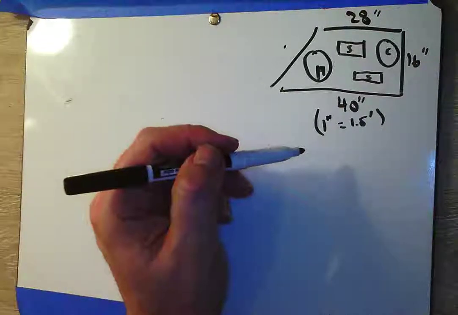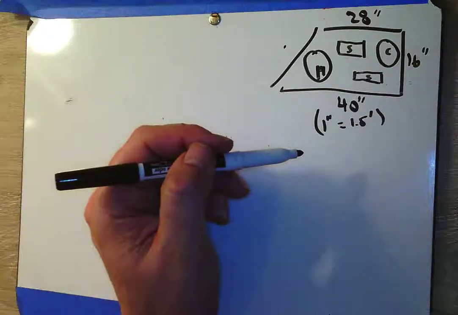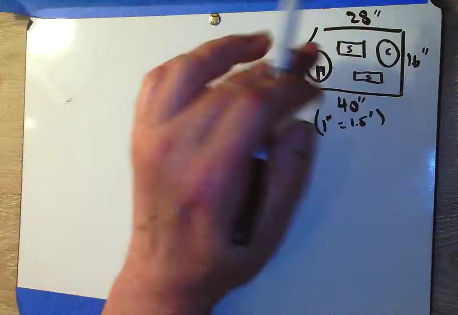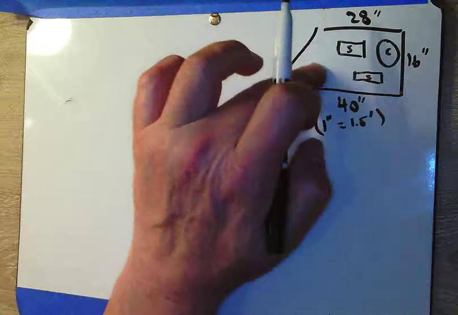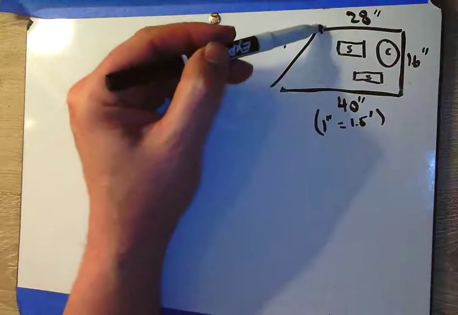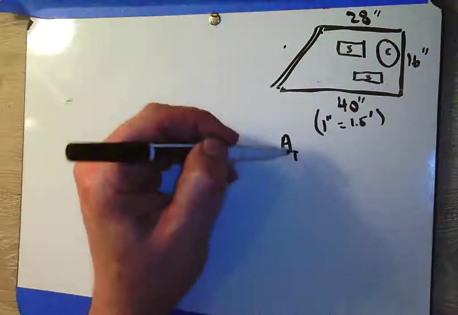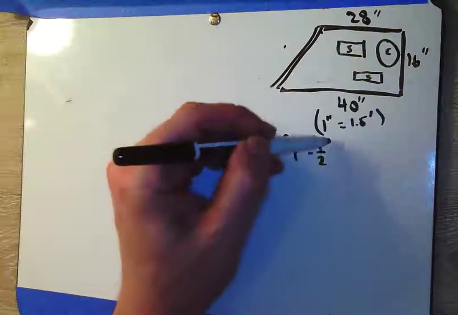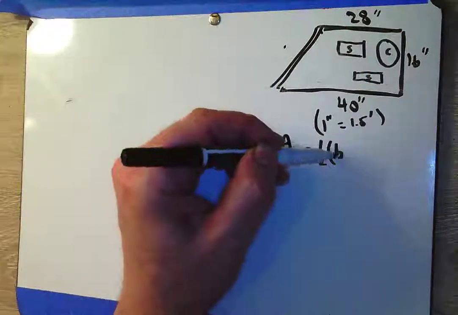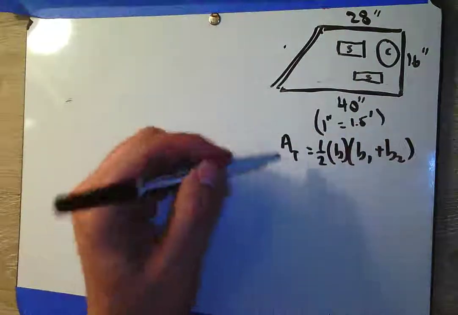What's the area of the scale drawing? Oh, in inches. Okay, in square inches. Well, in order to find the area, I need to see that this is a trapezoid. And the formula for area of a trapezoid is 1/2 height times base 1 plus base 2.